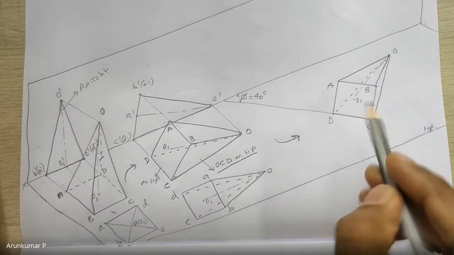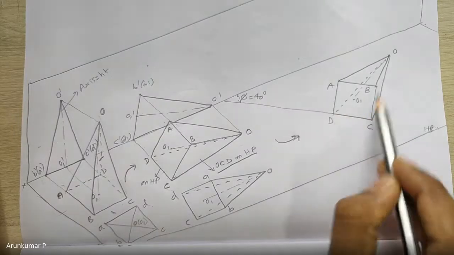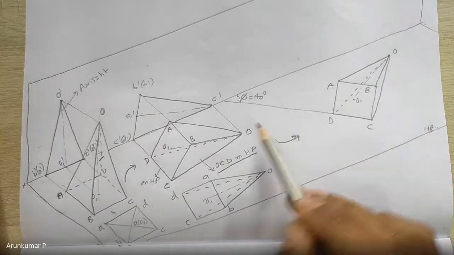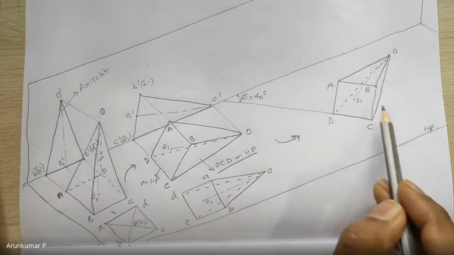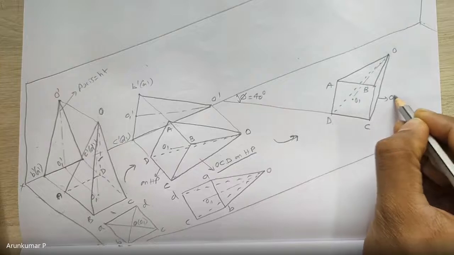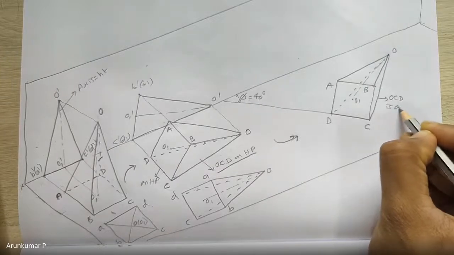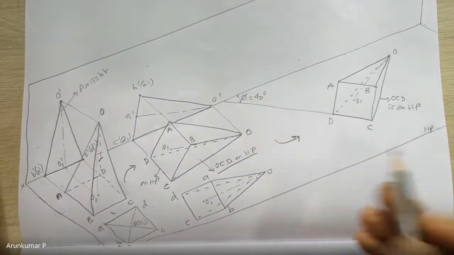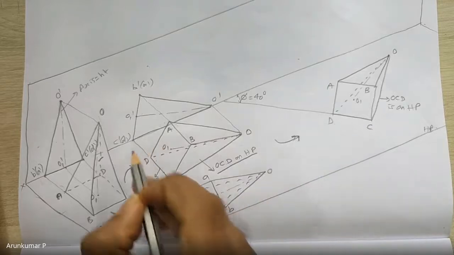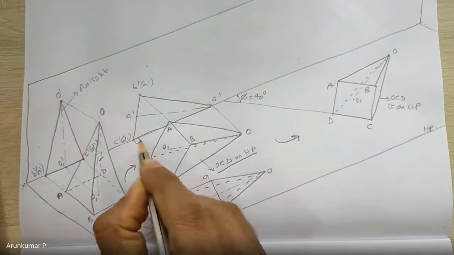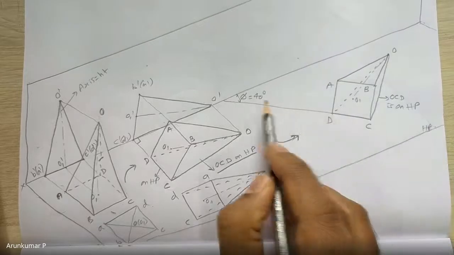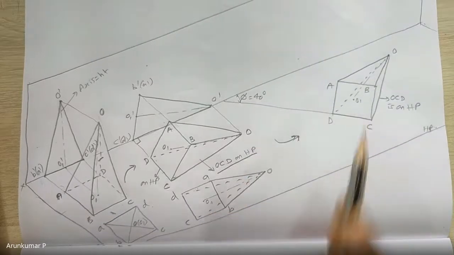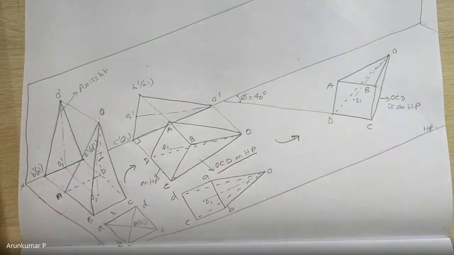But at the same time, OCD, the triangular face which was on HP in the second step, is still on HP. OCD is on HP only. There is no change. Only change is CD, which is perpendicular in the second step, has become inclined at 40 degrees in the third step. That is the only difference between the second and the third step.